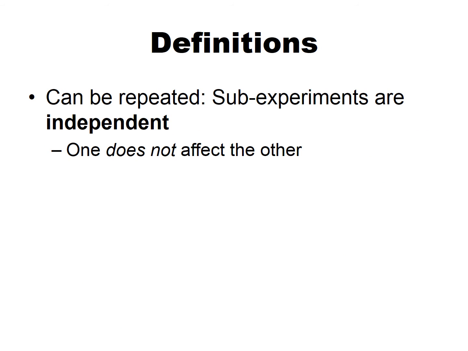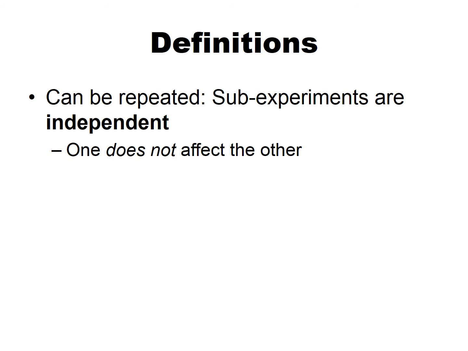Now let's talk about a difference between this first example where things can be repeated and the second where things cannot be repeated. When they can be repeated, as in that first example, the sub-experiments are said to be independent. So that means that one does not affect the other. So when I selected my first letter, that does not affect the number of possibilities for my second letter.